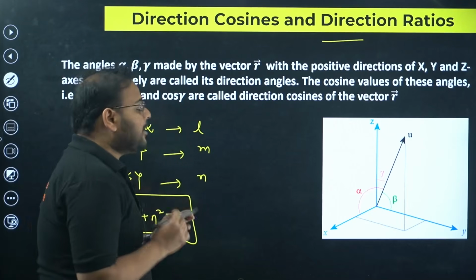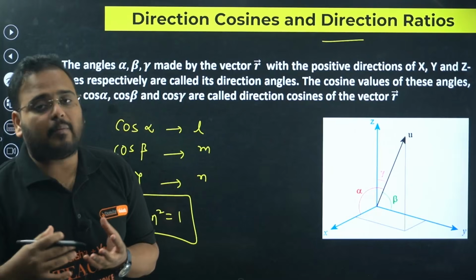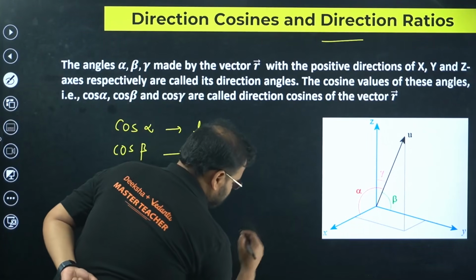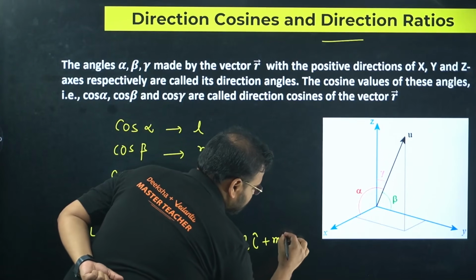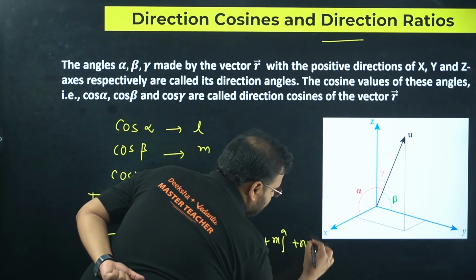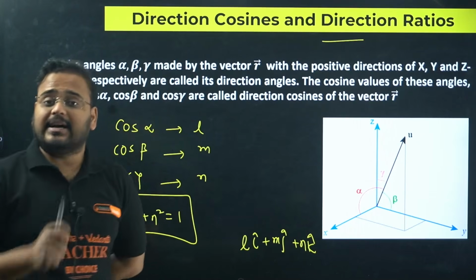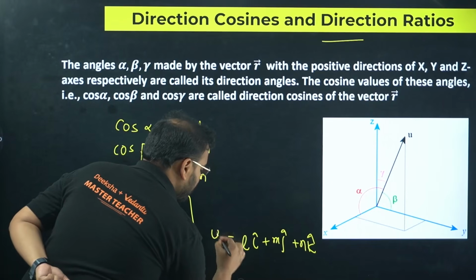When you write these direction cosines with the help of the x component, y component, z component of a vector, it becomes l i cap, m j cap, and n k cap. If you use these direction cosines to write a vector, then this is nothing but your u cap.